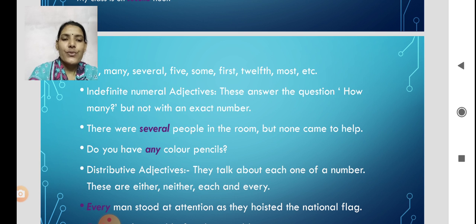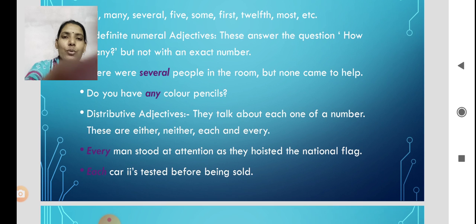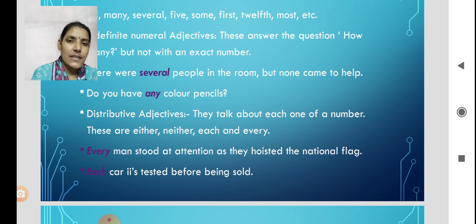Every man stood at attention as they hoisted the national flag. Every man, those who were present there, all. Each car is tested before being sold. Before selling that car, they are tested.